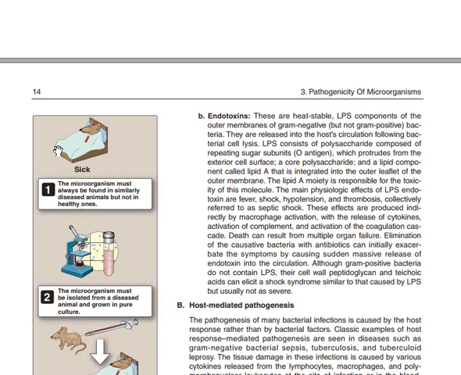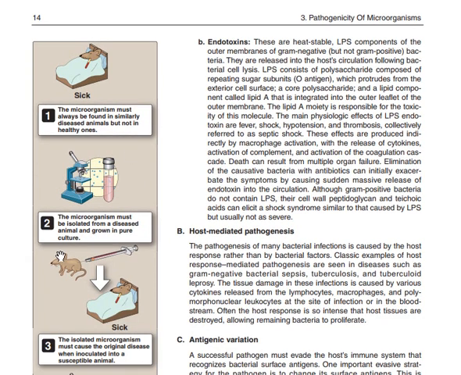Let's take a case where you have a sick mouse. Here the microorganism is identified and that microorganism is isolated. So when that microorganism is isolated, it is now going to be inoculated in another living species, like the initial sick mouse.